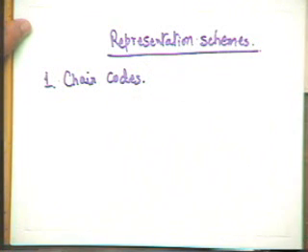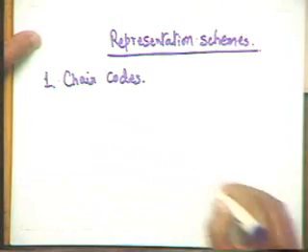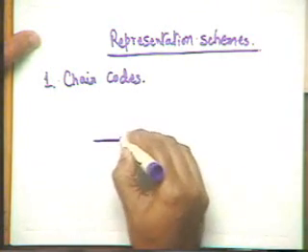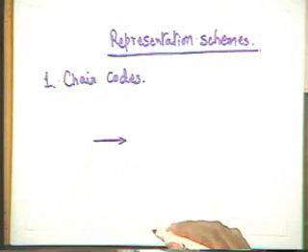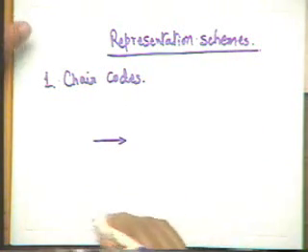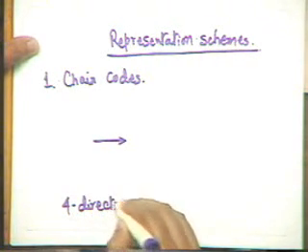In chain code, actually 4 directional chain codes are possible, or 8 directional chain codes are also possible. So first we consider the 4 directional chain code.